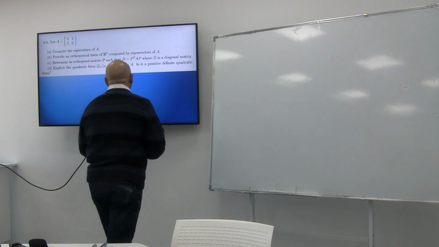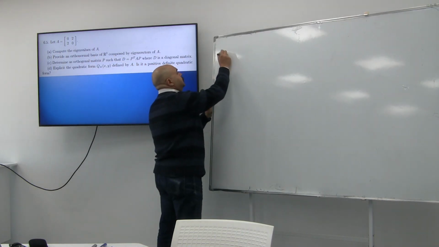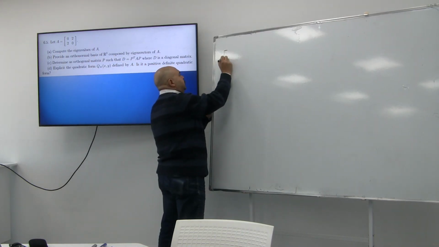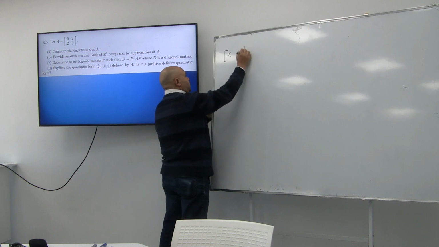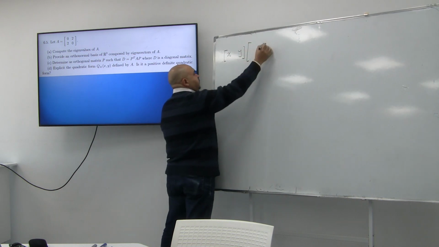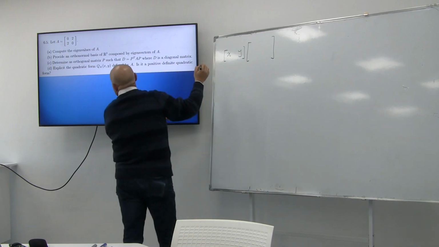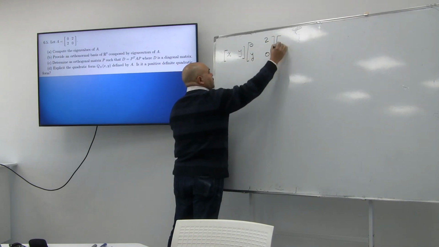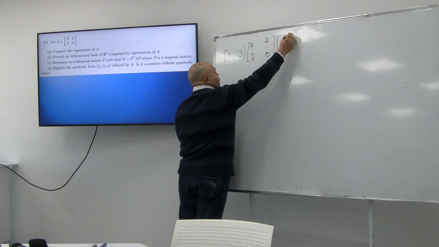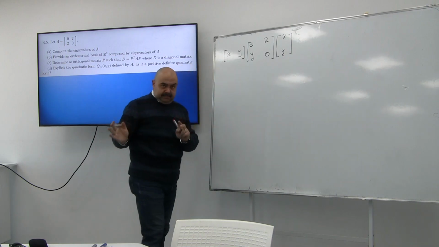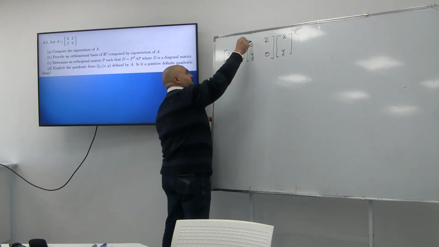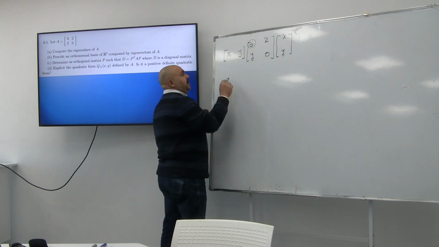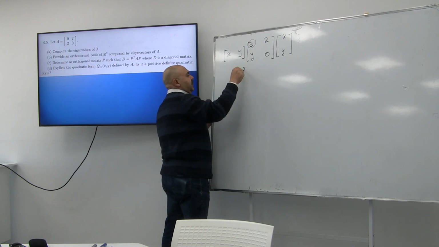The quadratic part for this problem I can do very easily. All I have to do is put x and y here, take this symmetric matrix, which is 0, 2, 2, 0, and then multiply it by x and y, exactly as we did previously. I will take the entry 1,1 and put it in front of x squared.